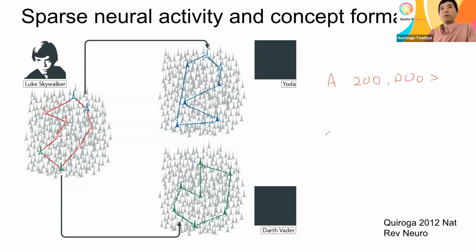And then option C is less than 4,000. And then B is intermediate between these. So, can you type your guess? Wait a sec.